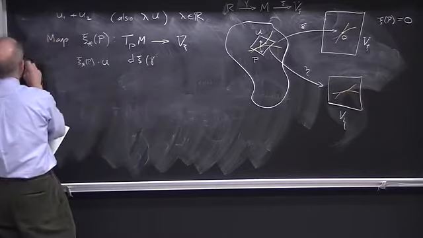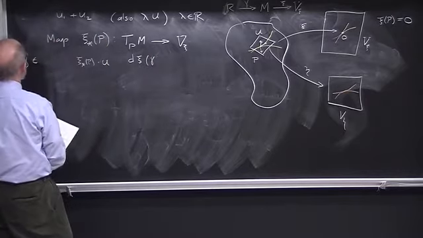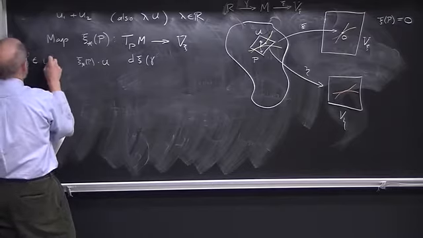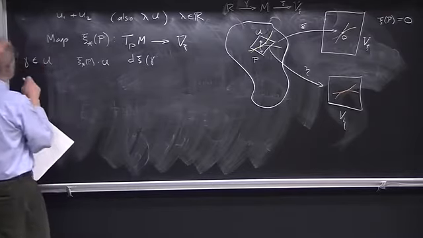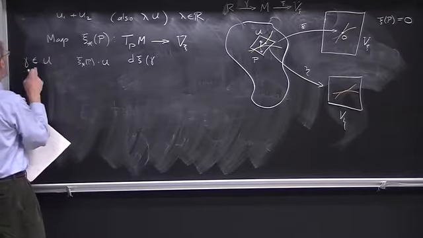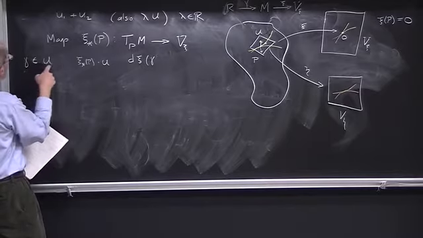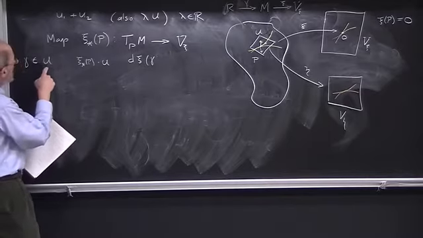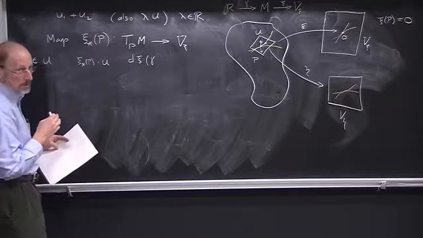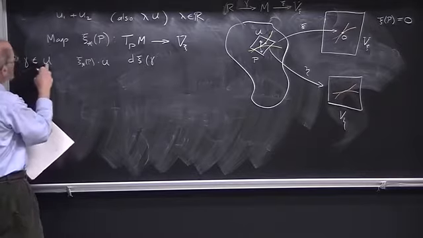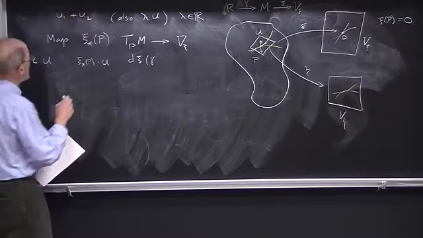So if gamma is in the equivalence class of this vector, so this looks a little weird, gamma is an element of u, but in writing that I'm thinking that u is an equivalence class of curves. So this means gamma is one of the curves in that equivalence class.